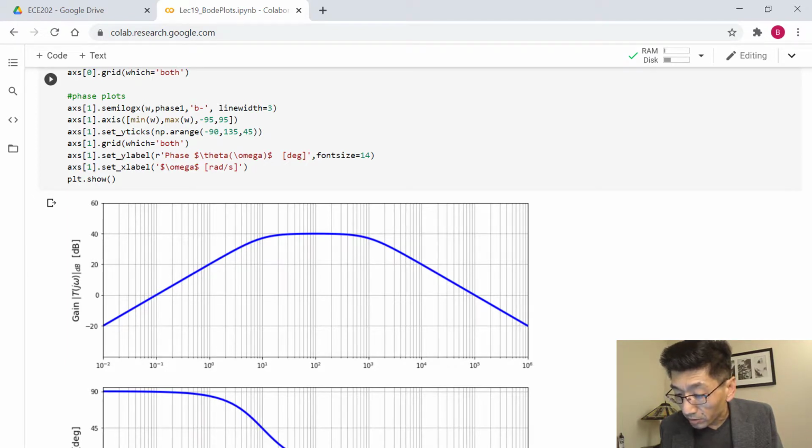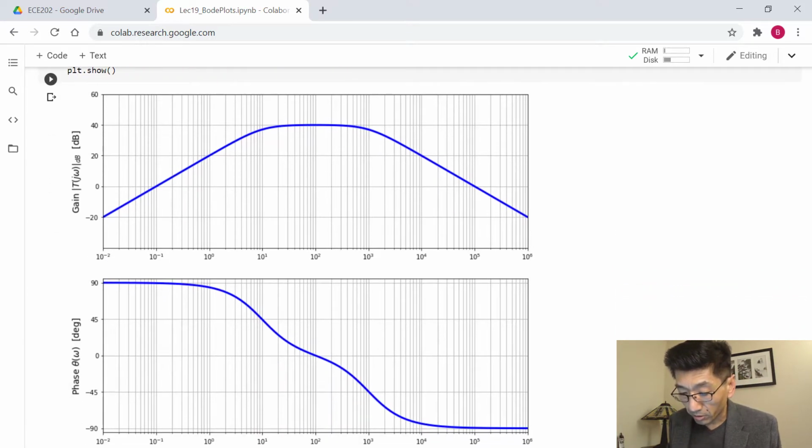I keep saying hertz, not radians per second. Then it turns flat, because the second term is a pole, so you reduce the slope by 20 dB per decade. Then you hit the third term, another pole at 1000 radian per second, and the slope becomes negative 20 dB per decade. You can see it crosses the 0 dB line at exactly 100K radian per second.